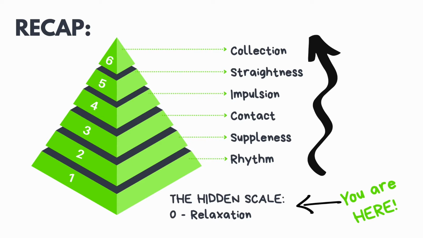The two are polar opposites. Even when you're working on more advanced movements later on in your dressage career, higher up the training scale looking at straightness and collection, the foundation of relaxation must still be in place, because without it, the rest of the pyramid crumbles.